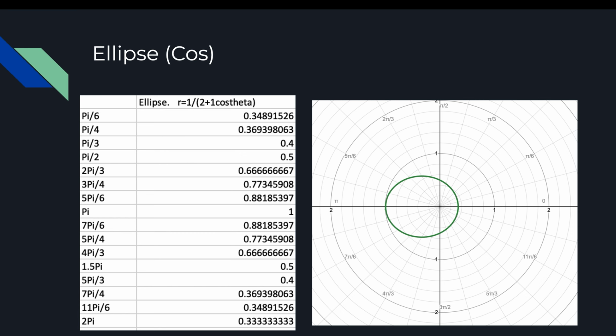Our highest x value is 1/3 when theta equals 0 or 2 pi. And our lowest x value is going to be -1 when theta equals pi, which makes sense because cosine of pi is -1.